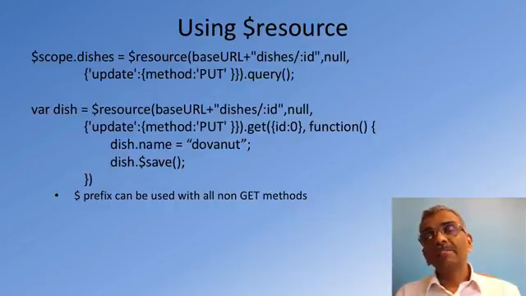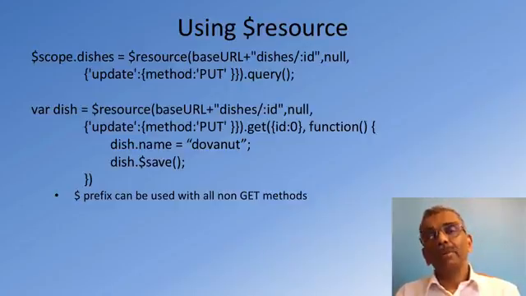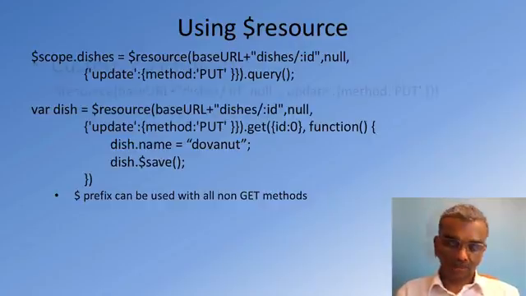The save, delete, and remove methods, all the non-get methods, are available to you automatically, and you can invoke them on individual objects by saying, for example, dish.$save, meaning save the changes to this object.